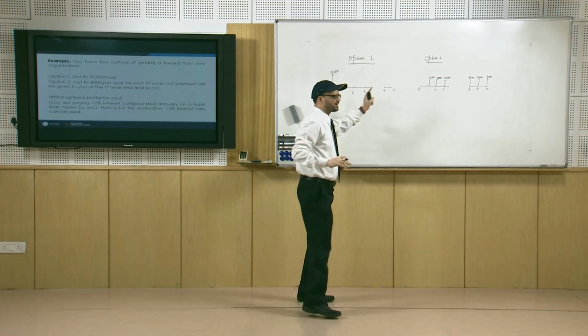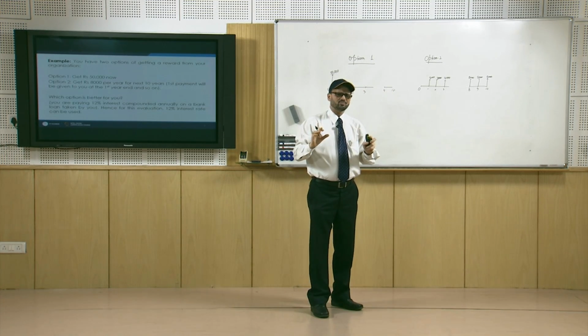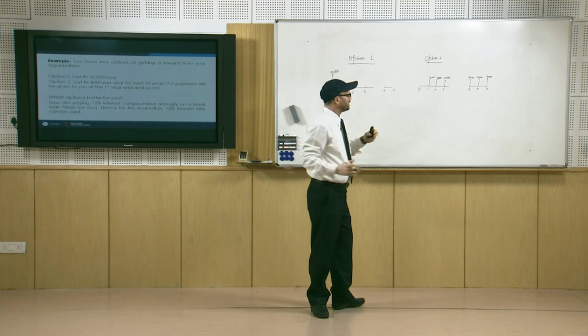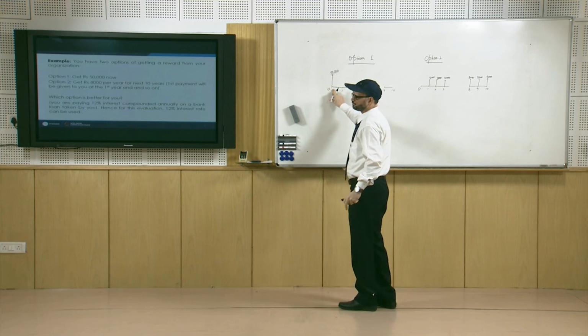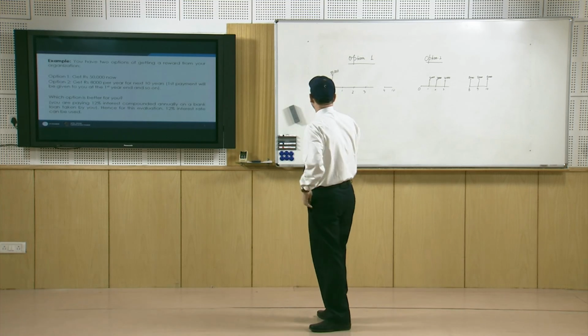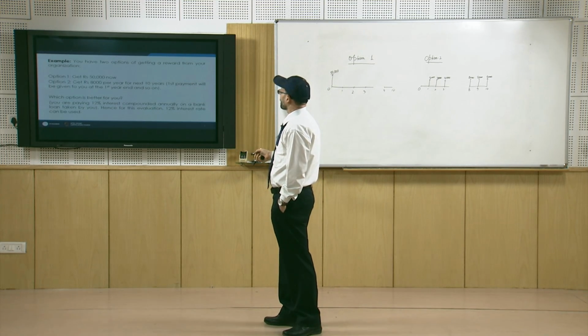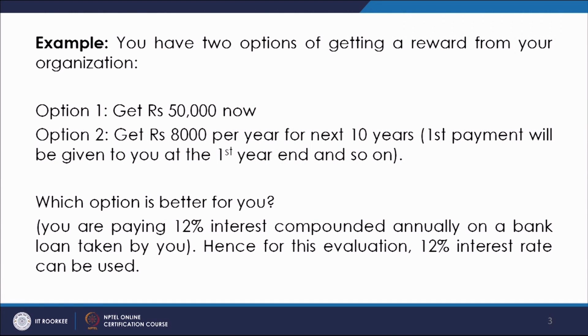Now, they cannot be compared unless you evaluate the amount at a particular time. Here you see that you have the interest rate fixed. The condition is that you are paying 12% interest compounded annually on a bank loan.